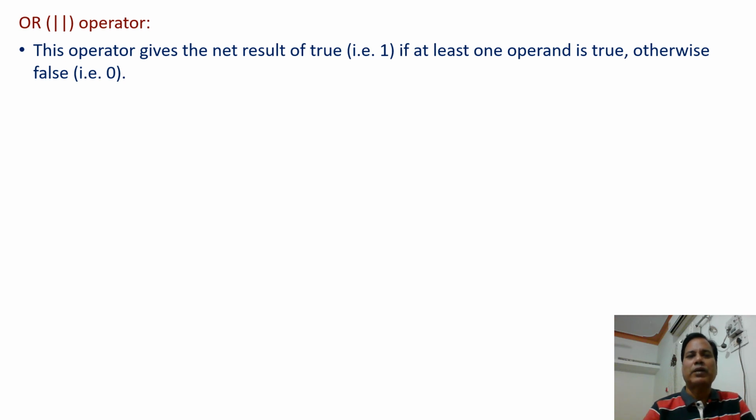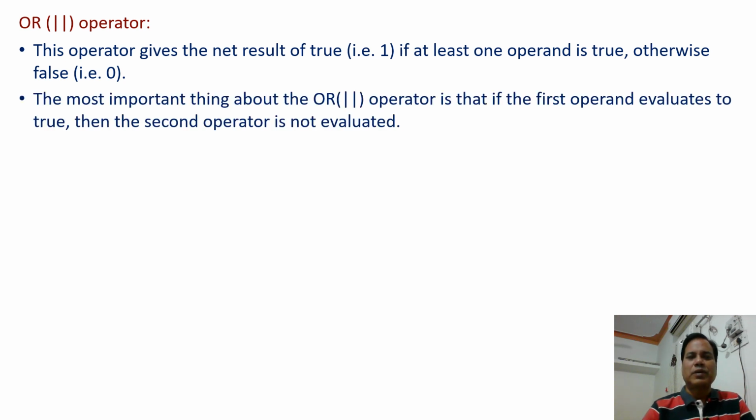So in the OR operator, if at least one operand is true, then the result returned is true, that is 1, otherwise false. The most important thing about the OR operator is that if the first operand evaluates to true, then the second operand is not evaluated.